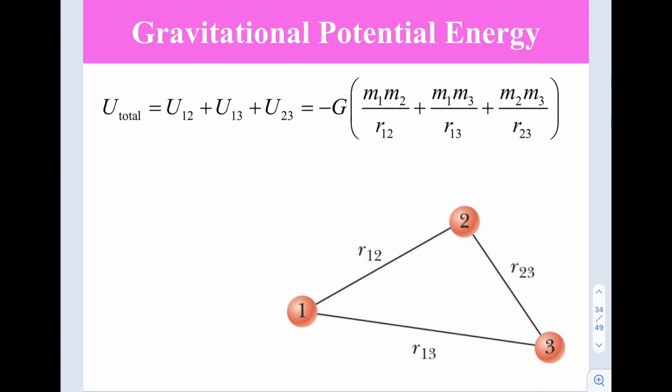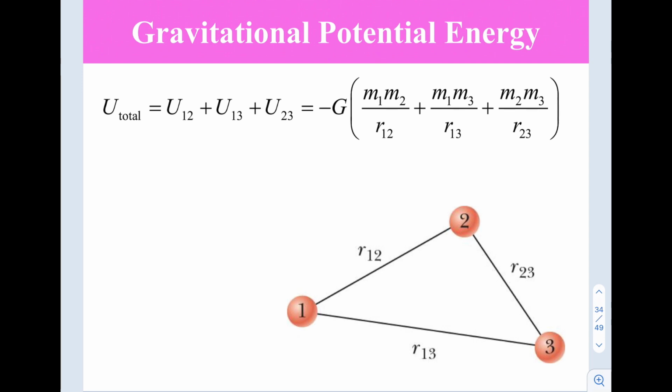We can treat the gravitational potential energy as an interaction between the objects. For example, you have three masses here: mass 1, mass 2, mass 3, with distances r12, r23, r13.